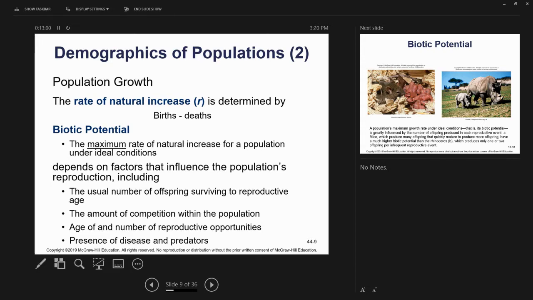If you have fewer females, you have fewer reproductive opportunities as they become gravid. Then we have a period of time where males can't reproduce. So that distribution of sex and what age the sex or gender of each group is has a role in determining biotic potential. And then the presence of disease and predators obviously can limit our rate of reproduction.